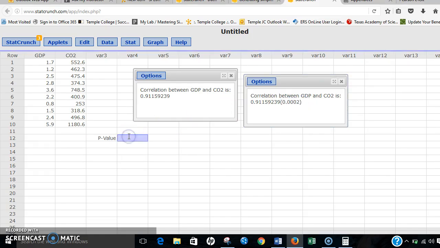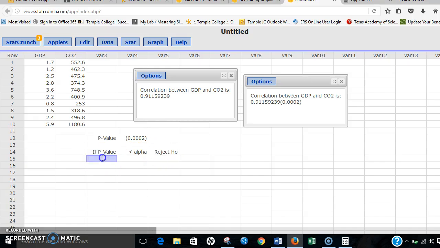And you remember that in the past, when we've had p-values, that if our p-value is less than alpha, then we can reject H sub 0.